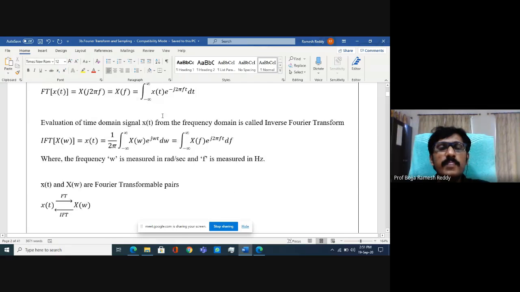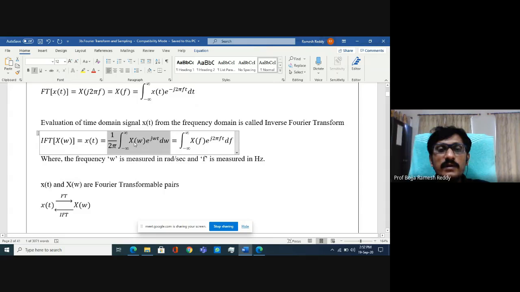And similarly, the reverse procedure is also there. Reverse means if we know the frequency domain, then you can obtain the time domain by using inverse Fourier transform. In inverse Fourier transform, we have to use 1 by 2 pi: 1 by 2 pi integral from minus infinity to plus infinity of X of omega e power j omega t d omega. This is equal to integral from minus infinity to plus infinity of X of f e power j 2 pi f t df. There are two formulas here.